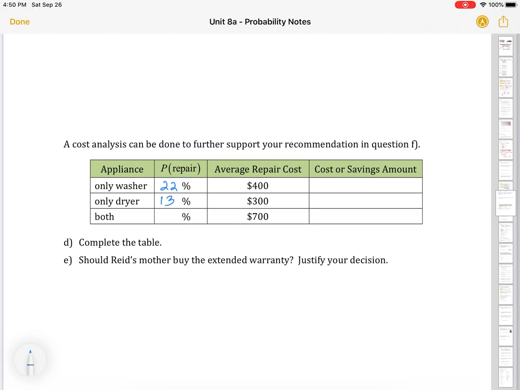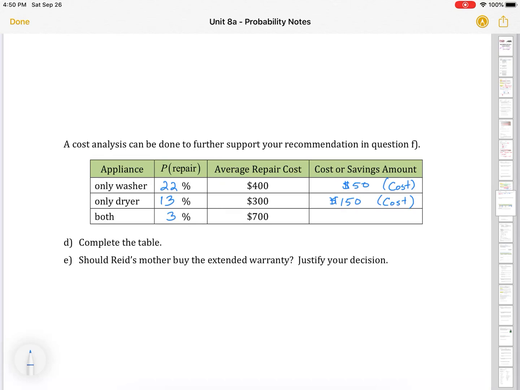The probability of needing the repair for only the washer is 22%. Only the dryer is 13%. And both needing repair is 3%. So it's just a matter of how much you would save. Well, it would cost you $50. Cost, right? Because you're paying $450 for that warranty.